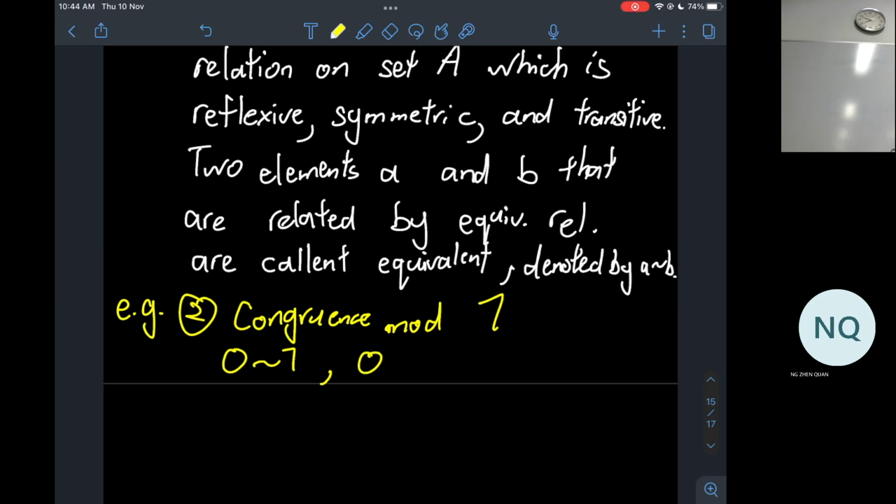Or last time we used 0 is equivalent to 7 mod 7. We won't say equal because 0 and 7 are not equal, but they're equivalent up to the relation. In this relation they are equal. In a different case they are different.